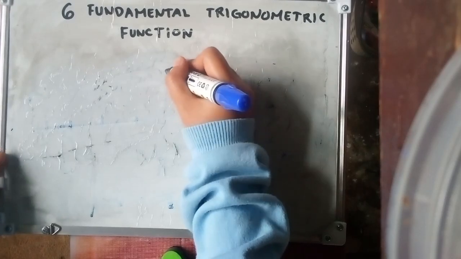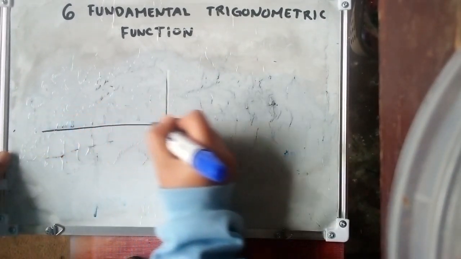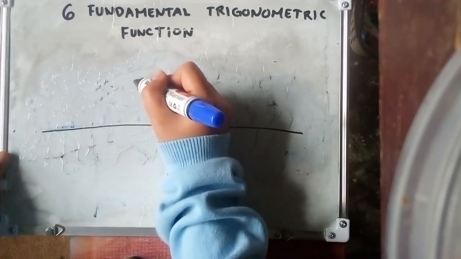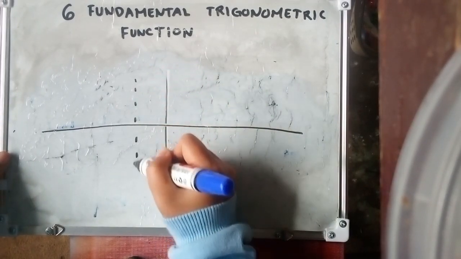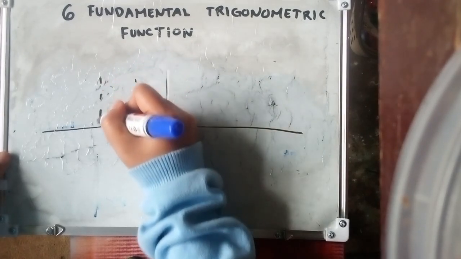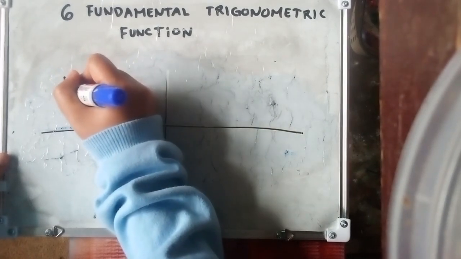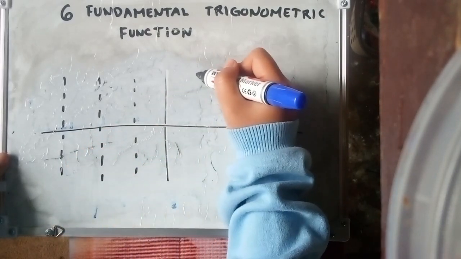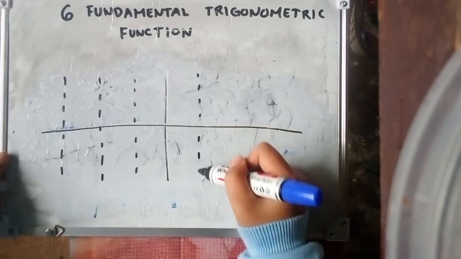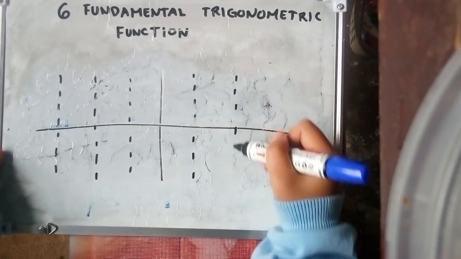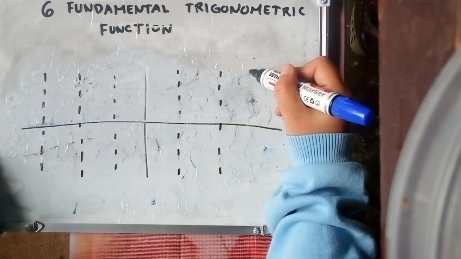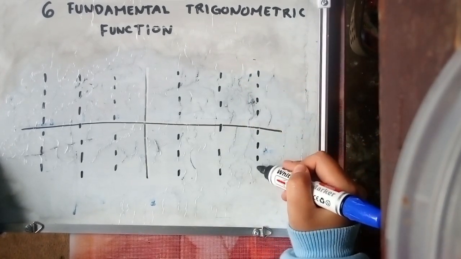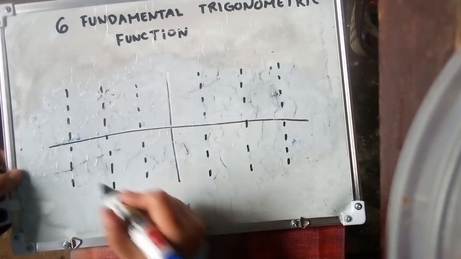So for example, this is the graph. And then I will just draw the asymptotes.